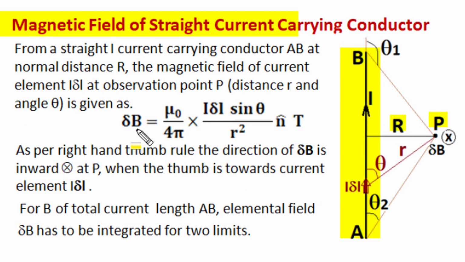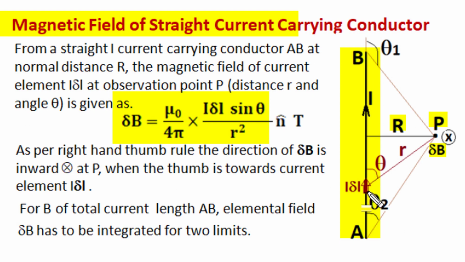Now to apply Biot-Savart law, we consider an elemental current length I delta L over this AB length of the current carrying conductor, and its elemental magnetic contribution at observation position P is given by this relation: mu 0 upon 4 pi I delta L sin theta.